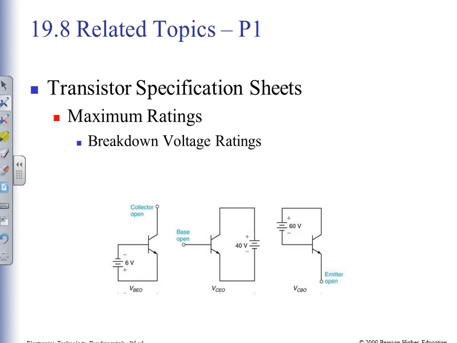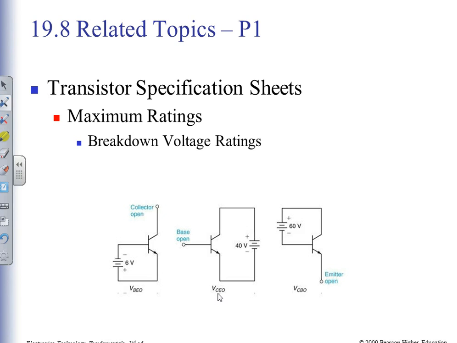Transistor specification sheets, maximum ratings. We care when they break apart. That's important. So we have voltage base to emitter with an open collector, and there's some voltage rating that I can't exceed.